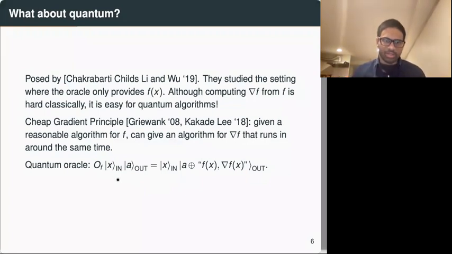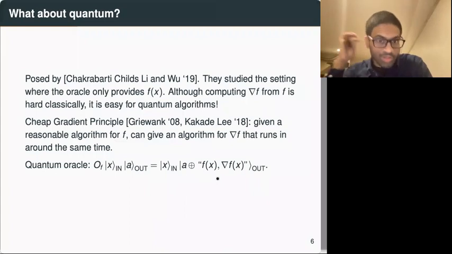But the general thing is that you have an input register where you have inputs that you can give. And there's an output register, which let's assume a is some basis state for the output register. Now, when you apply the oracle for f on this state, all it does is change the output register in a reversible way to also give you the value of the function f of x and the value of the gradient of f at x.